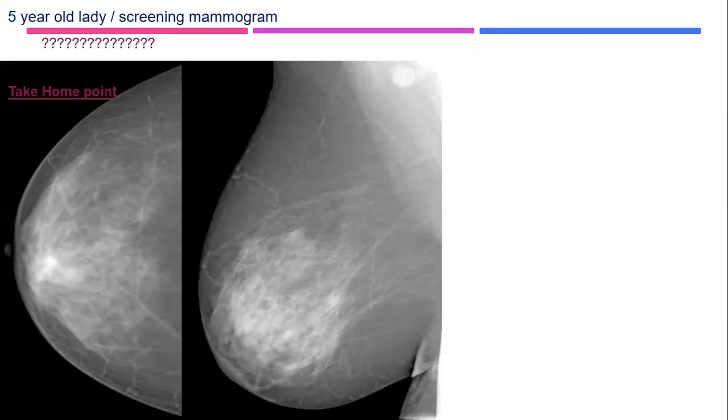A focal asymmetry should be seen on the MLO as well as on the CC view. But if it is seen in a single view, we call it just asymmetry. So you have an asymmetry, excellent to pick it up.